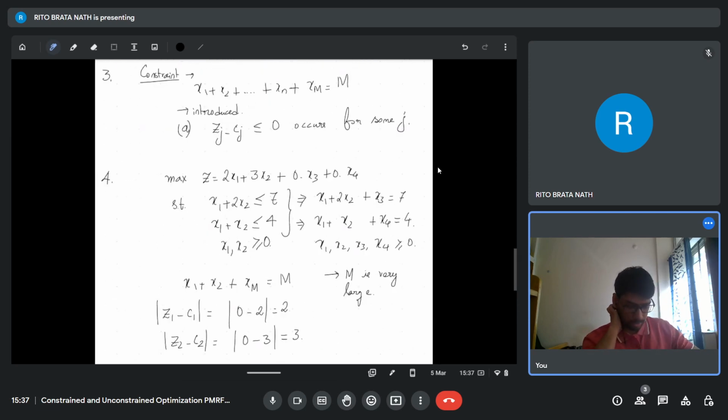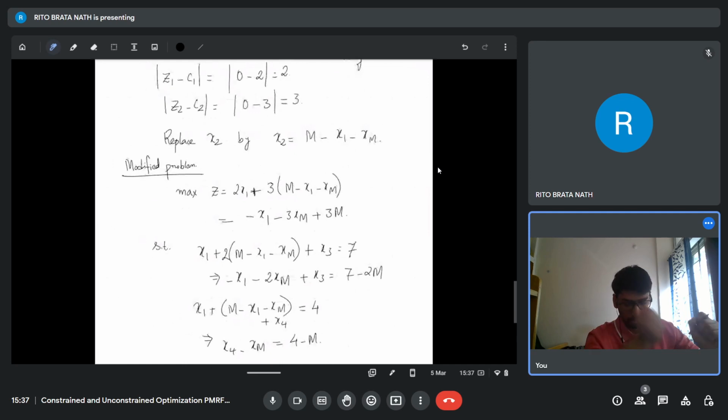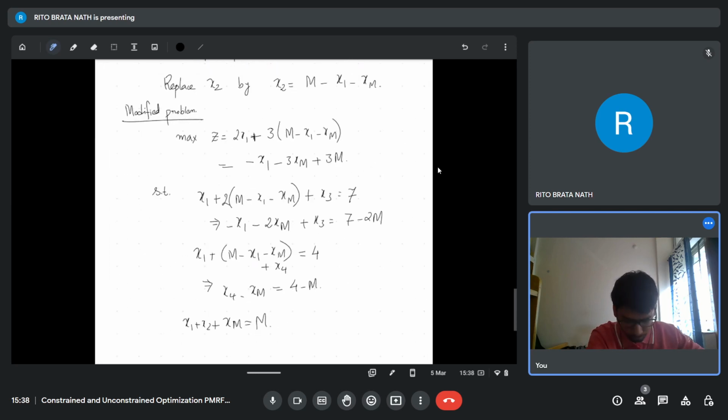So now the transformed problem will be max of minus x1 minus 3xm plus 3m. So that is there in all of the options. Next would be minus x1 minus 2xm.